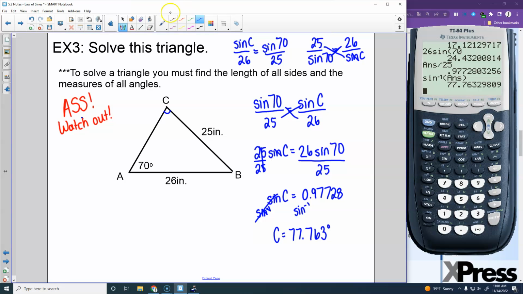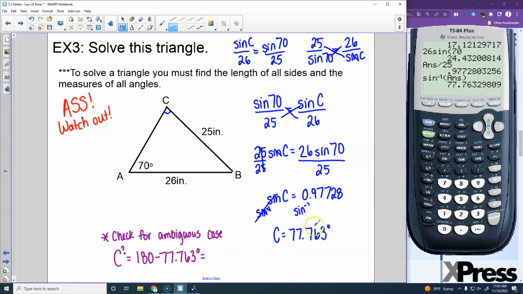But this is the point where we've got to check for ambiguous case. And to do that, we will say C question mark. I'm putting a question mark here because I'm not sure. I'll do 180 minus 77.763 degrees.